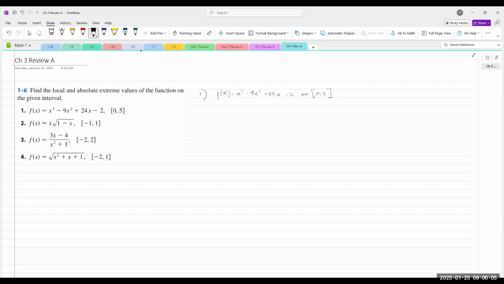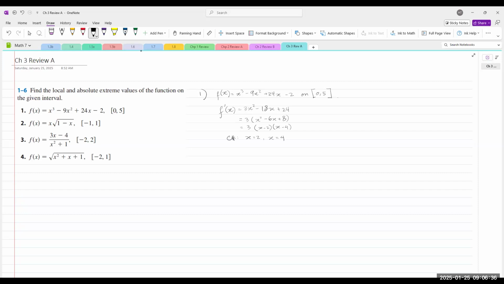Okay, so f prime of x is 3x squared minus 18x plus 24. I can factor the 3 out, and I get 3(x minus 2)(x minus 4). So the critical numbers are x equals 2 and x equals 4.